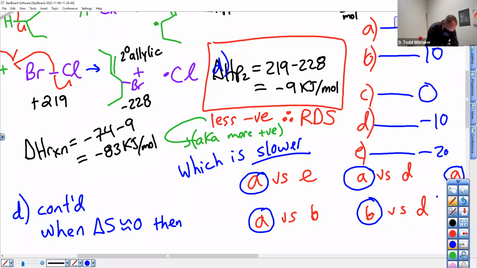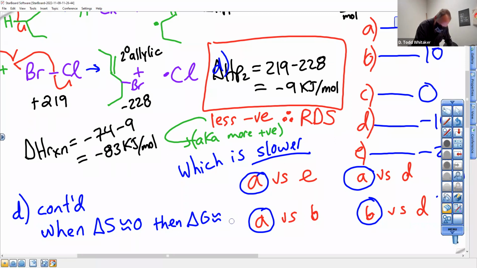Then delta G is roughly the same as saying delta H, because the equation says so. Delta G equals delta H minus T delta S. If delta S is 0, that's the equation. Delta G is delta H, sorry, I forgot the delta. You threw away another point if you didn't write that second part. And then you say, why'd my D move? That's a good question.